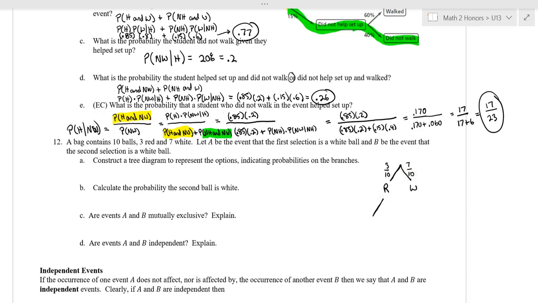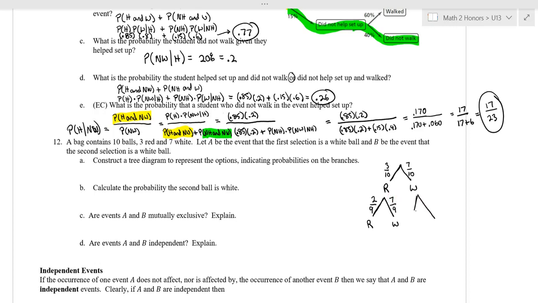And then if I get red first, my second selection could be red or white. Well, if I've already selected a red, that means there's 2 reds left out of 9 balls left. If I selected a red first, then there's still 7 white out of 9 left.